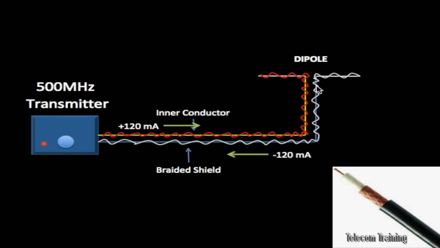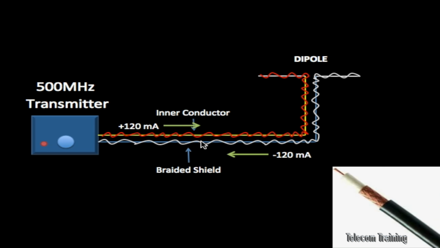Now, coming back to the coaxial cable on this side, this will be the outer conductor, and we will have 120 milliamps on this side as well. But if you look closer, you'll see this side is plus 120 milliamps and this side is minus 120 milliamps.